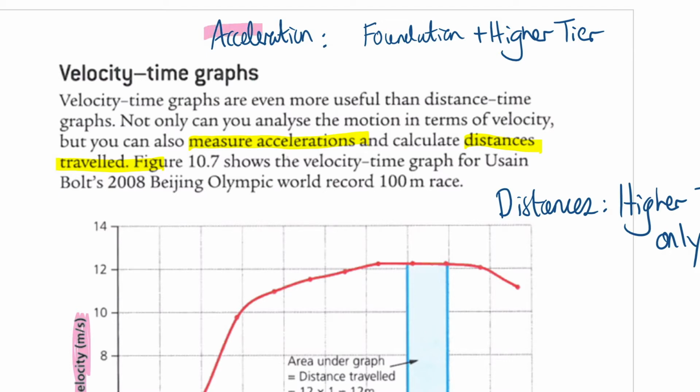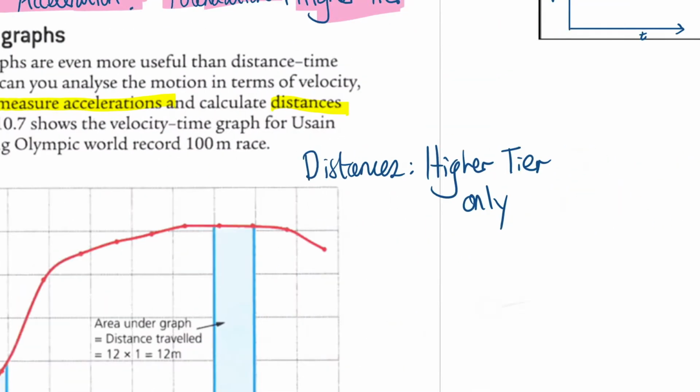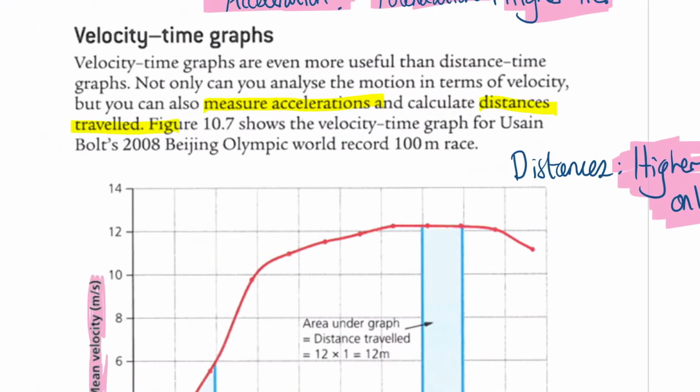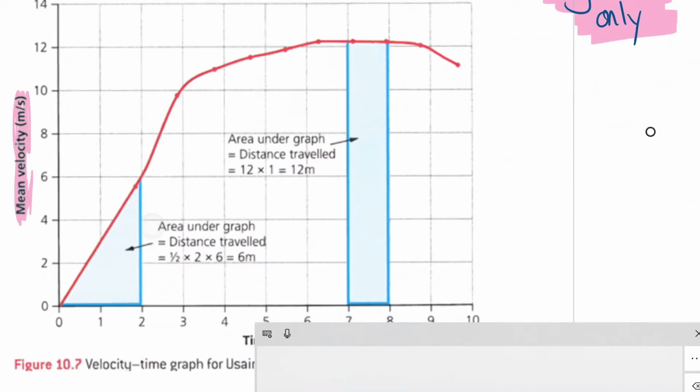Firstly, acceleration. You need to know how to calculate acceleration for both foundation and for higher. To calculate distances from a velocity time graph, that's for higher tier only. Okay. Let's quickly look at this graph.